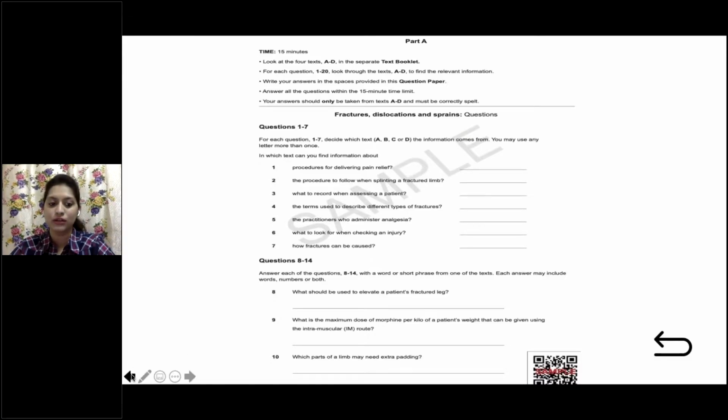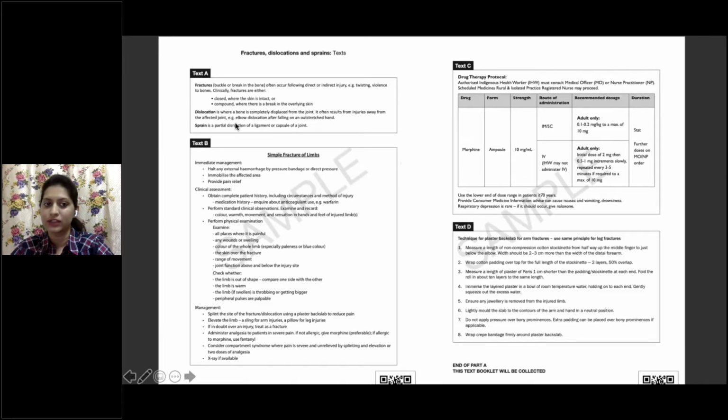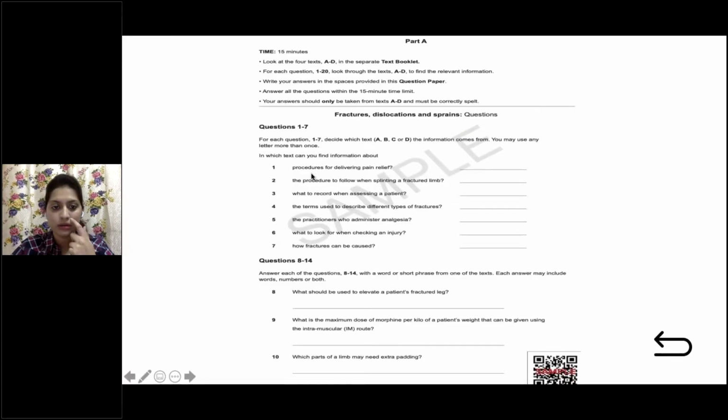So you will have to match the paragraph. Each paragraph, say text A, text B, text C, and D. For each question, say 1 to 7, you have to decide which text, that is A, B, C, or D, the information comes from. You may use the letter more than once.